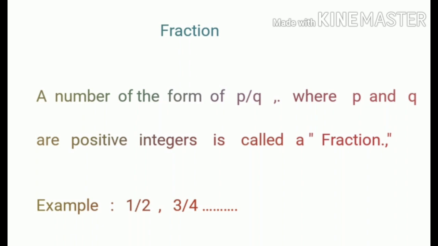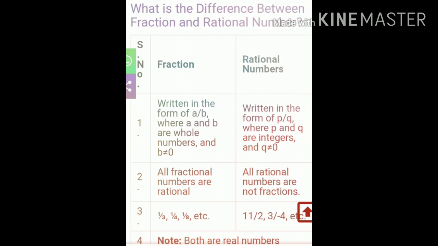Next, the difference between fractions and rational numbers. A fraction is written in the form of p by q, where p and q are positive integers only.